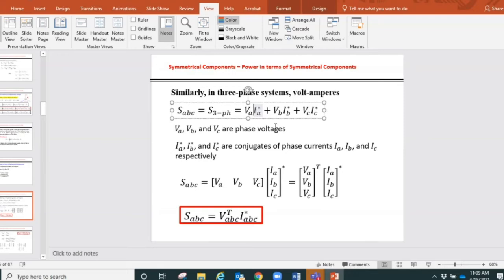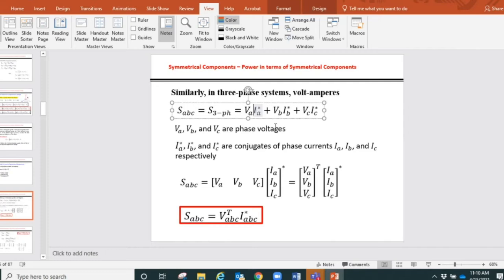So it's now VI conjugate again, but for the respective voltages and currents: VA IA conjugate, VB IB conjugate, VC IC conjugate. Again, those VA, VB, VC, IA, IB, IC are the respective phase voltages and currents.